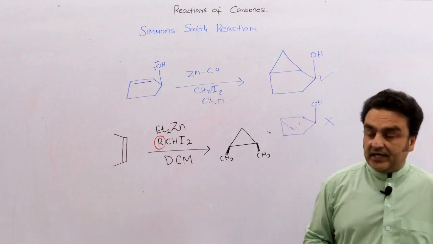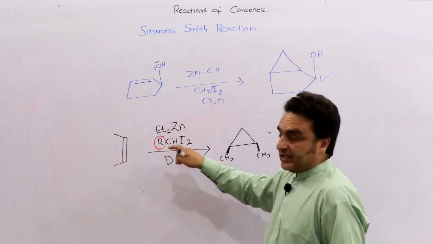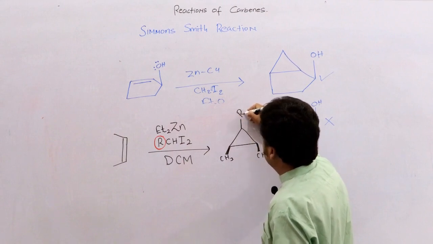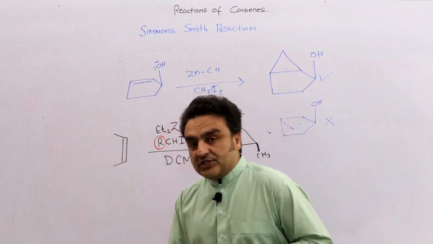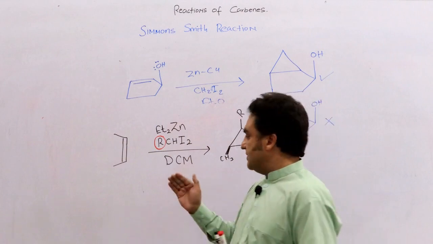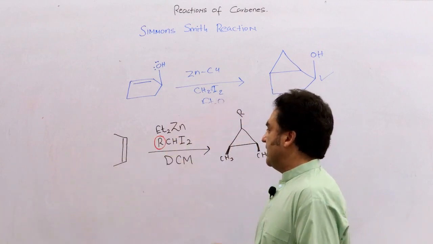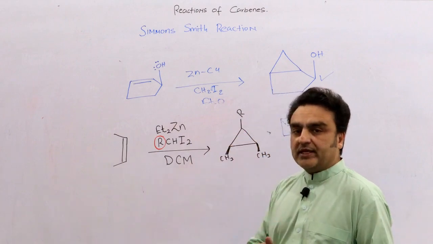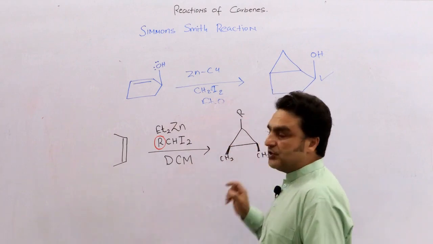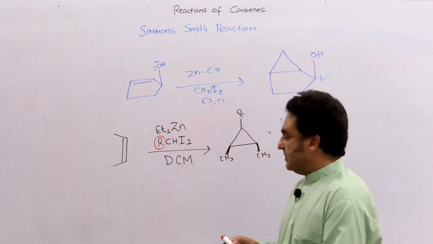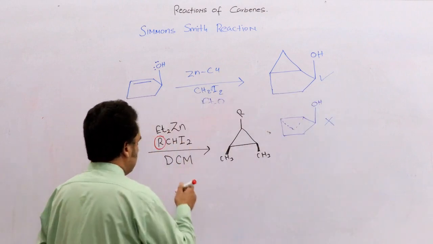But another thing arises: this R also comes into the molecule. So this means that with this modification we can also make substituted cyclopropane rings. Look at this. This R could be many substituents.